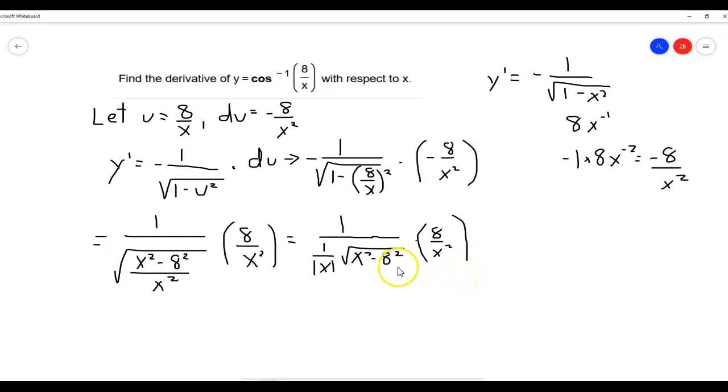Now I'm going to go ahead and multiply those together, and this I'm going to multiply by the reciprocal of that, so it's going to bring that absolute value of x to the numerator up here. And the 8's going to stay on the numerator, so this is going to be 8 times the absolute value of x up on top, and on the bottom we're going to have this radical and the x squared, so I'll have the x squared down here, and I'll have that radical down there. So x squared minus 8 squared.